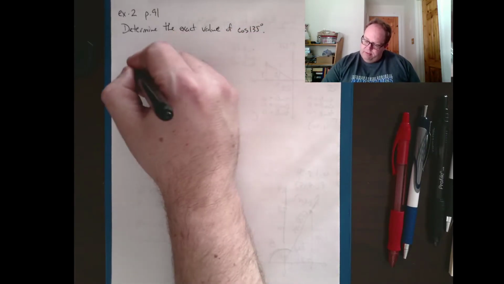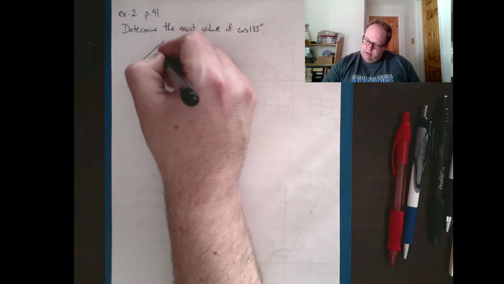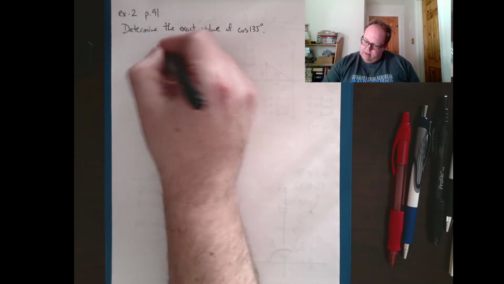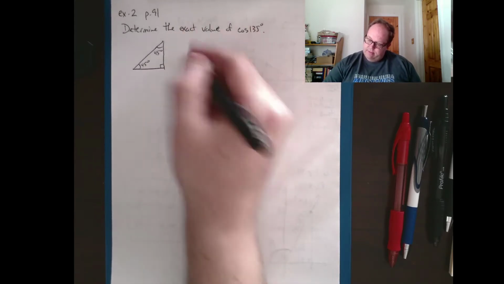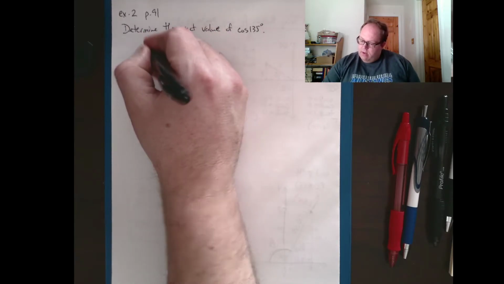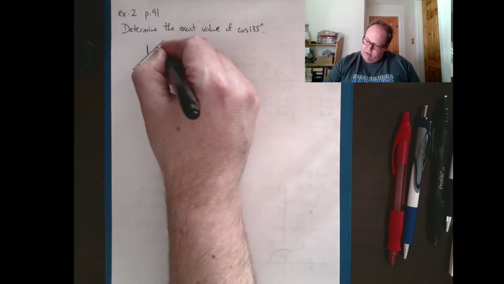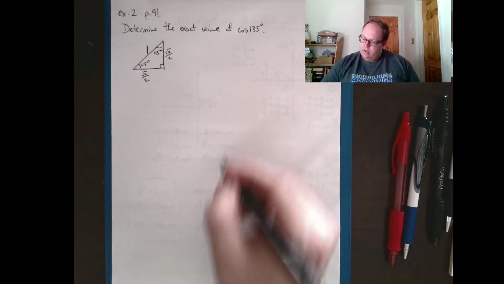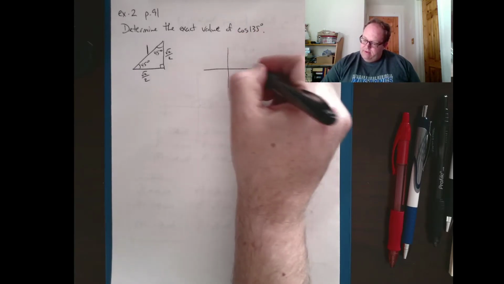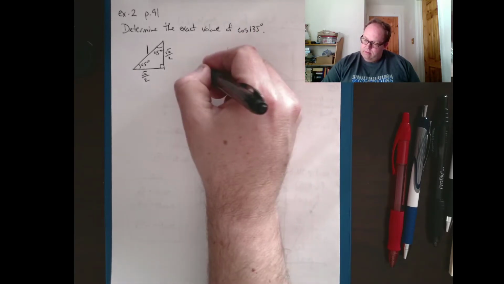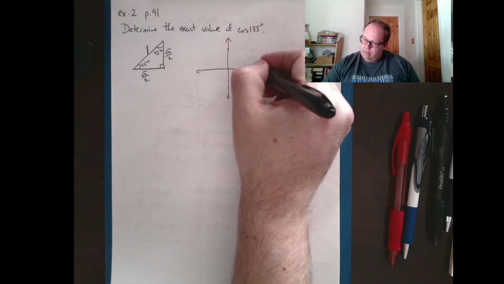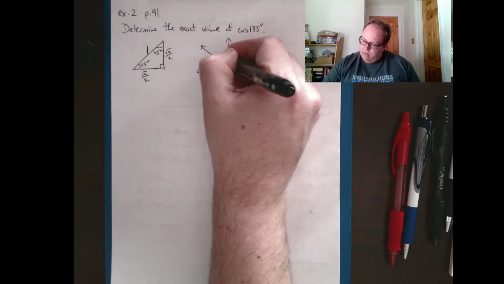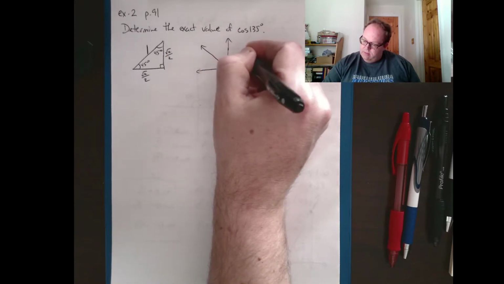Now, to refresh people, we had shown last time that if you had a right isosceles triangle with a hypotenuse of 1, you could show each side was root 2/2 long. Now, if I show 135 degrees in standard position, it's going to look something like that.